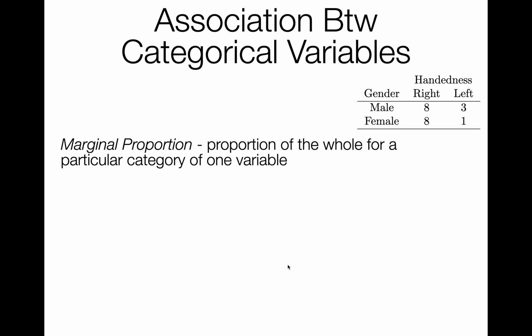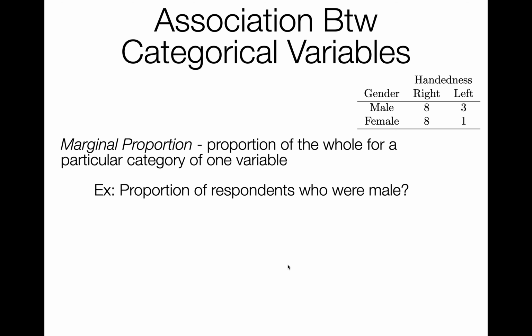The first type of proportion that I want to talk about is called a marginal proportion. It is the proportion of the whole for a particular category of one of the variables.